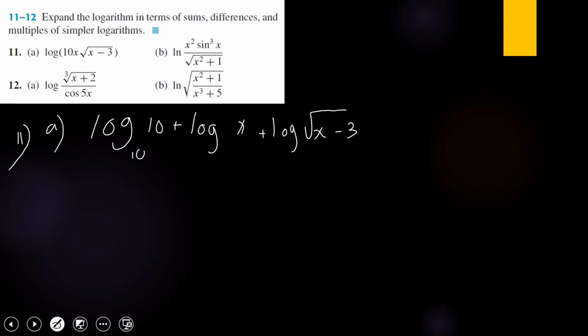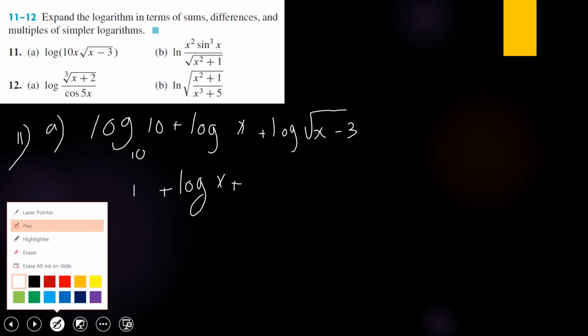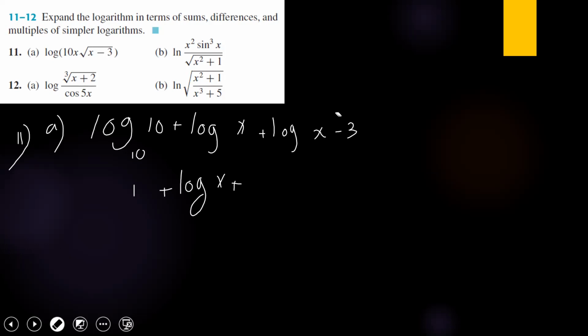Then log to the base 10 of 10 is 1, plus log x plus. Now square root of x minus 3, I can rewrite as x minus 3 to the power half. So it will be plus half log of x minus 3.